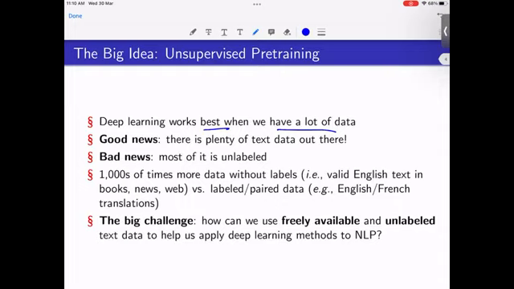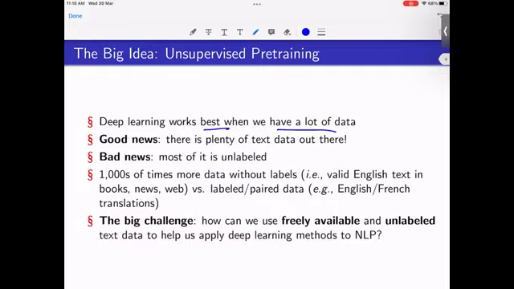As much as we can attribute the success to these big models, it wouldn't have been possible without this huge amount of data. The potential was always there. That's the success story of deep learning.